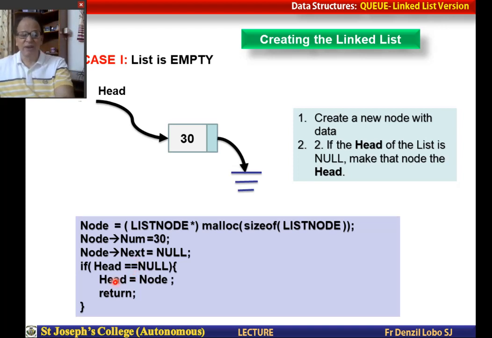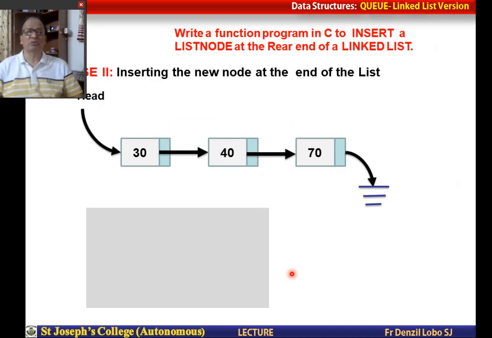So head is equal to null. Then you say make this node the head of the list. Assign therefore node to head, and say return. It is very important. You have to say return. This is case one, when there is no list or the head of the list points to null.